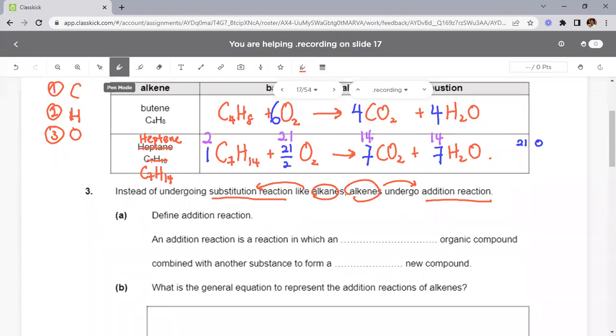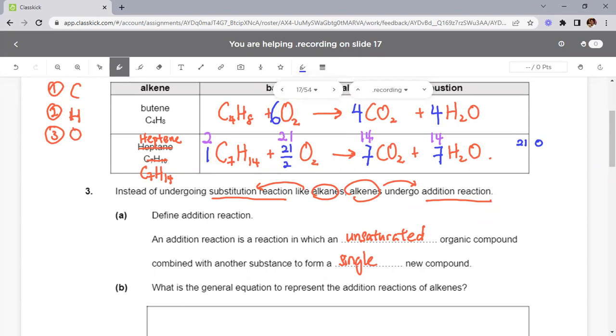So an addition reaction is a reaction in which an unsaturated organic compound combines with another substance to form a single new compound. So what exactly does it mean?